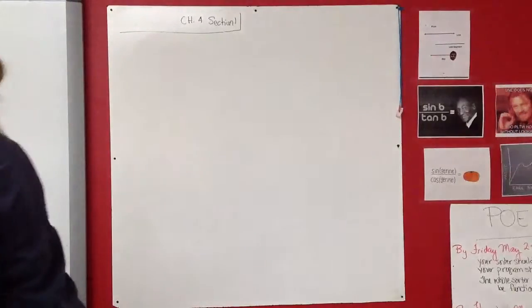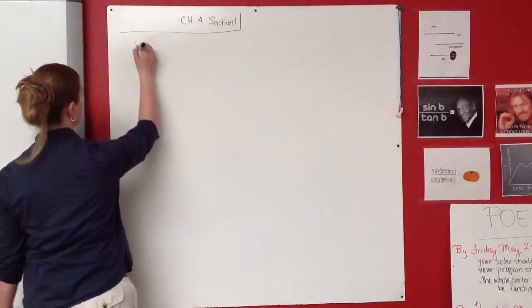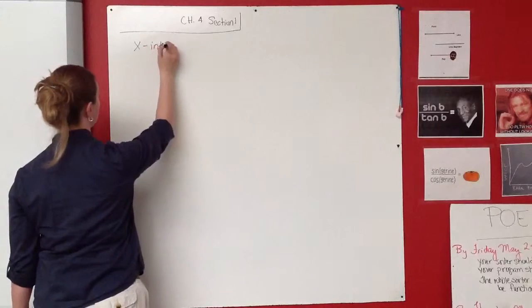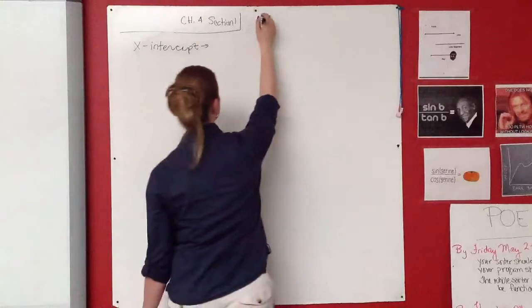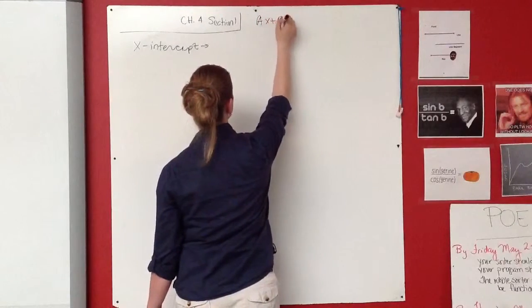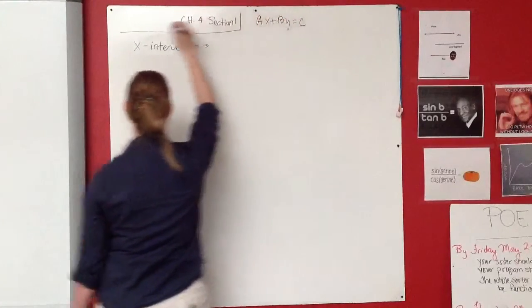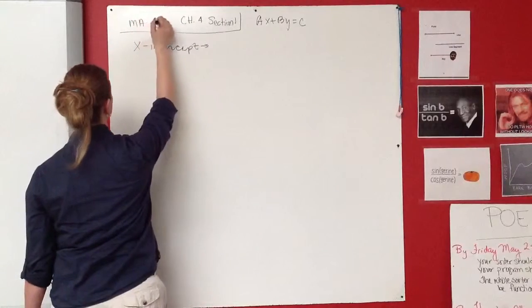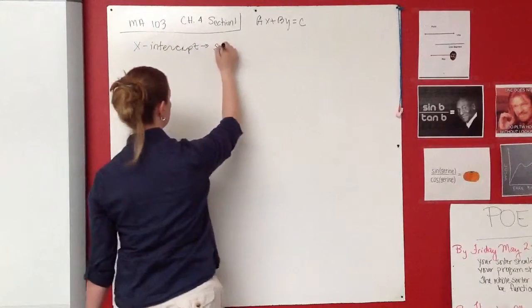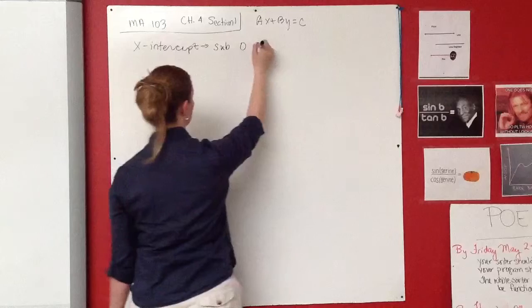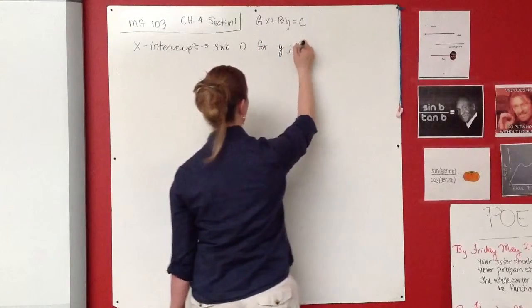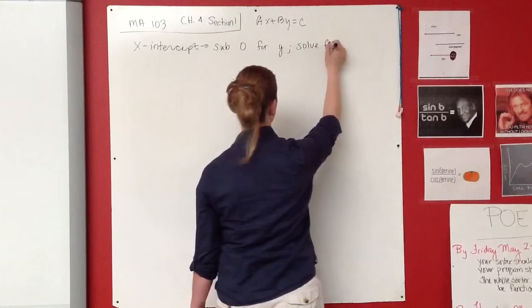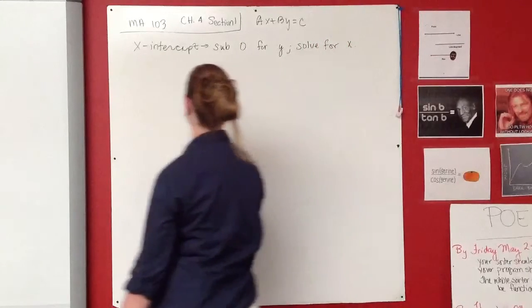Okay, so to find the x-intercept in standard form, what we do is we substitute 0 for y and then solve for x.